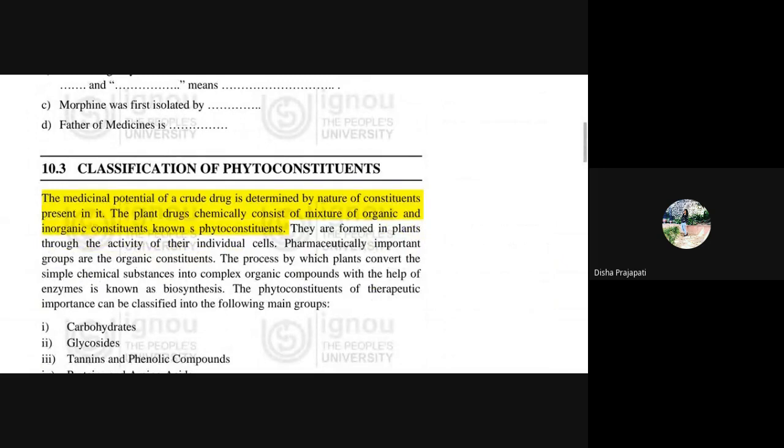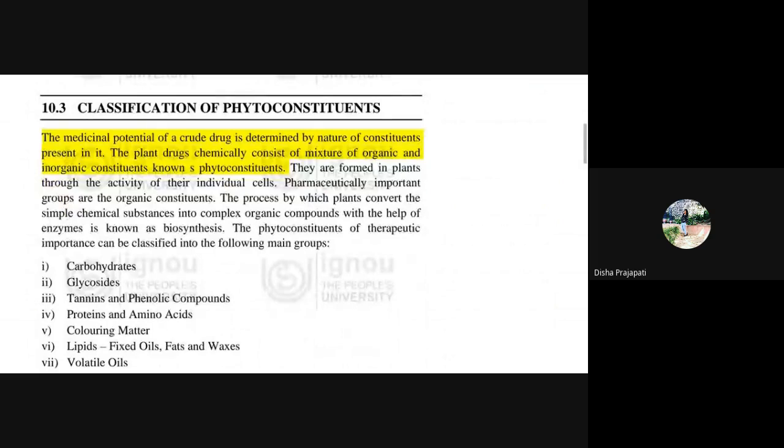Classification of phytoconstituents. The medicinal potential of a crude drug is determined by the nature of constituents present in it. The plant drugs chemically consist of a mixture of organic and inorganic constituents known as phytoconstituents. So any plant drug chemically consists of organic and inorganic substances or compounds known as phytoconstituents.